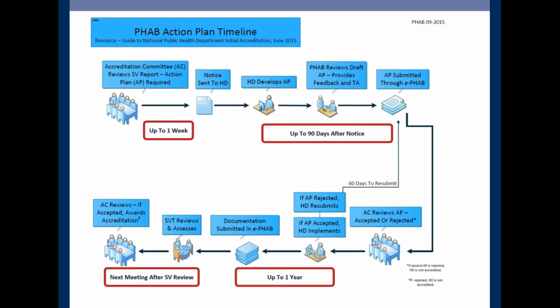It is again reviewed, and the Accreditation Committee reviews that and determines accreditation, or if it's not accepted, then it's not accredited. But to date, all action plan reports and implementation that has come before the Accreditation Committee has been accepted, and those health departments have been accredited.